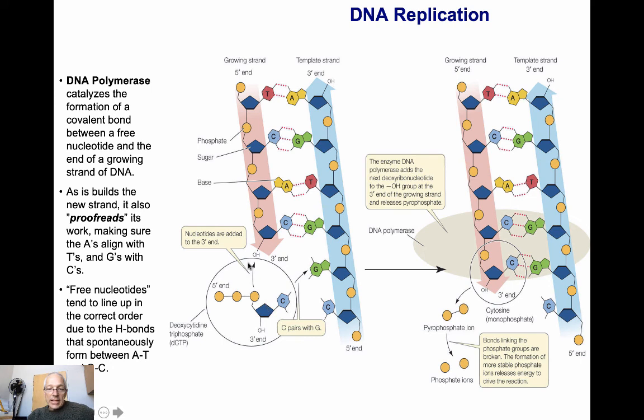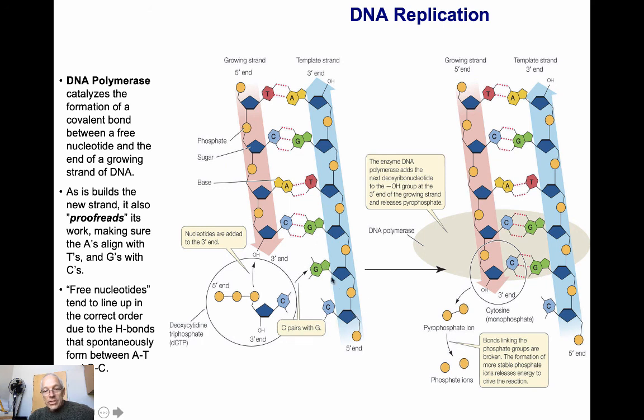And then this one gets right down to a molecular level, right down to an atomic level, and shows what happens when a new nucleotide is added to a growing strand. So the strand on the left side here, the pink one, is the new strand. The blue is the parent strand. After the DNA had been unzipped, we see that the A's and T's, G's and C's are matching up.